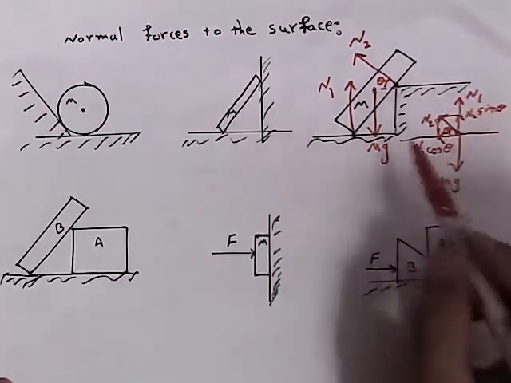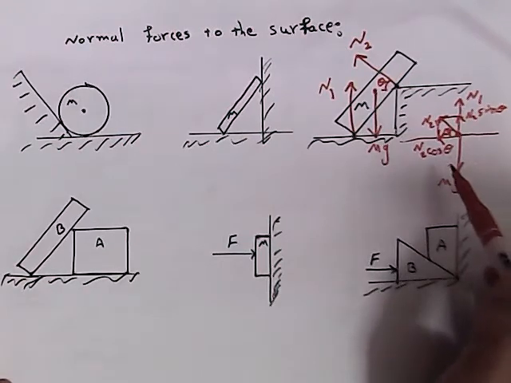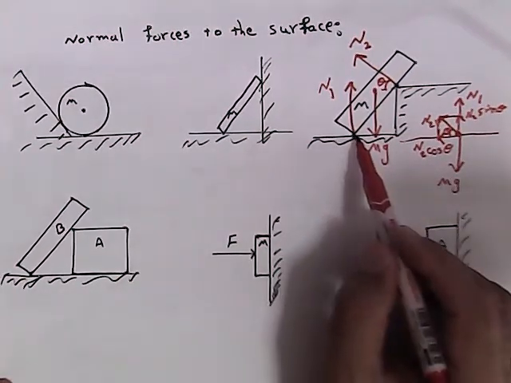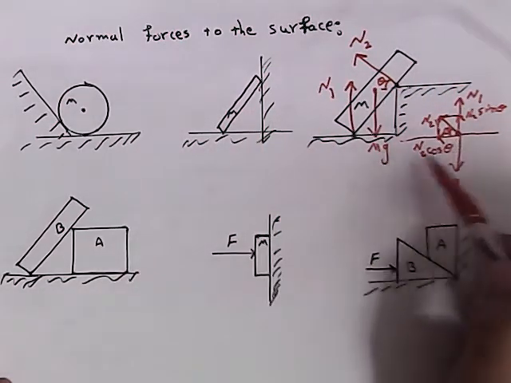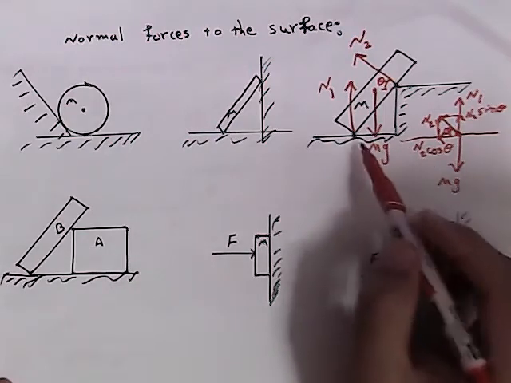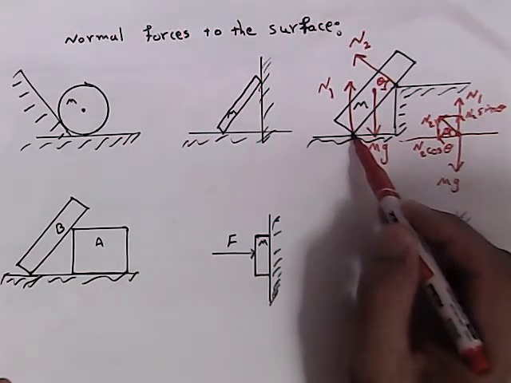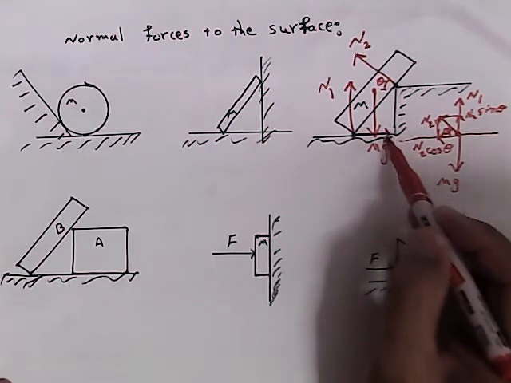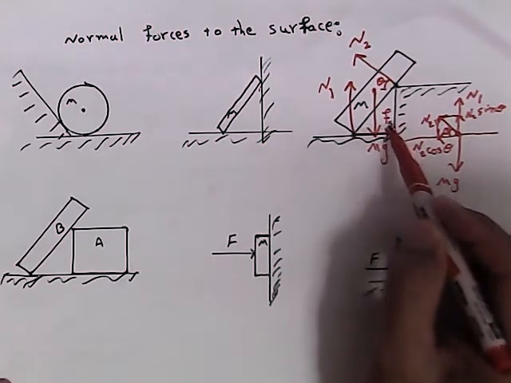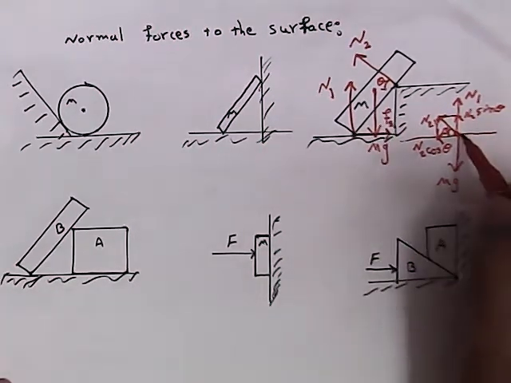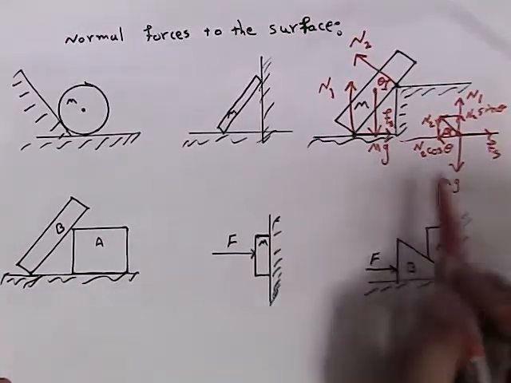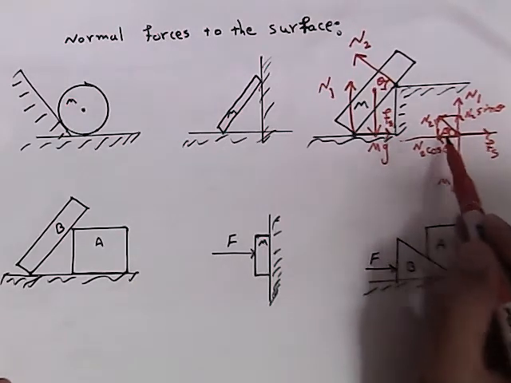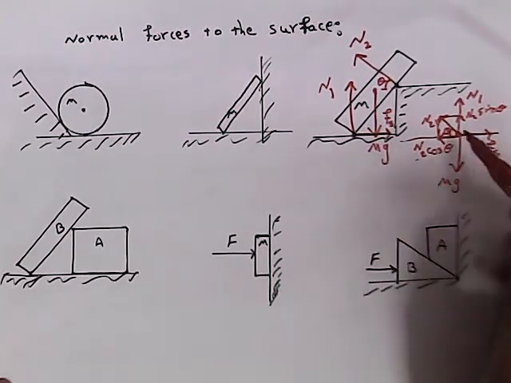And this shows that this object is not going to rest. If there is no frictional force here, the object is going to move in this direction because N2 is pushing it this way. Unless you have a frictional force in this direction, you can call it Fs, the surface force, cancelling the N2 cosine theta here, and then N1 and N2 sine theta cancel Ng.